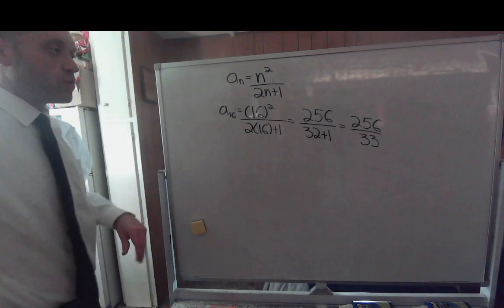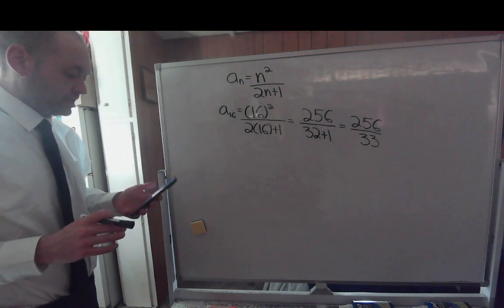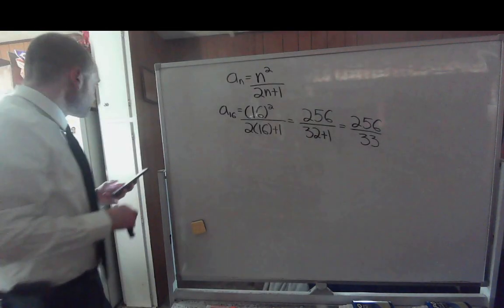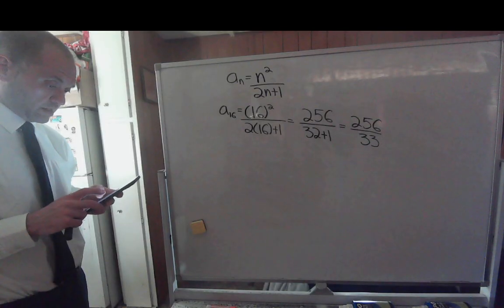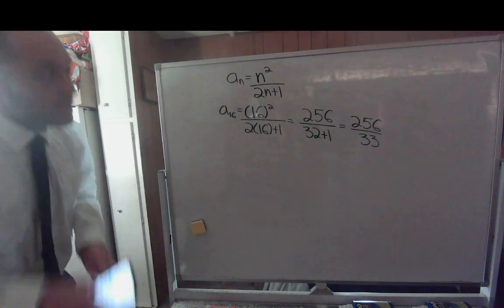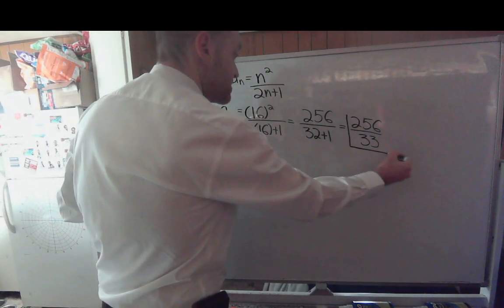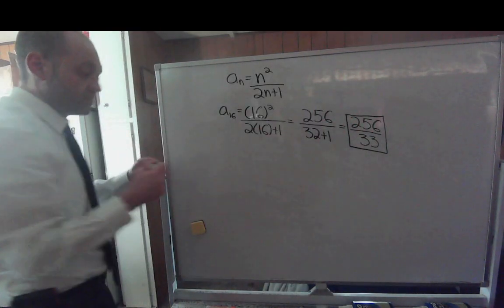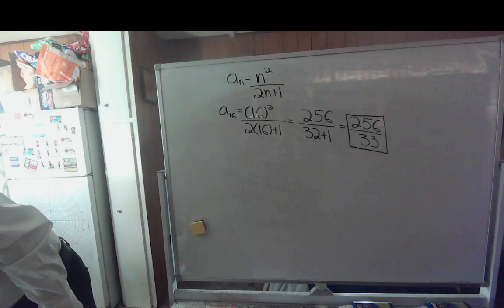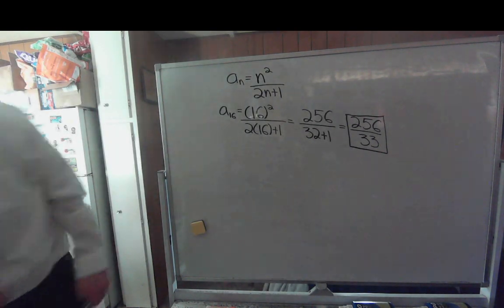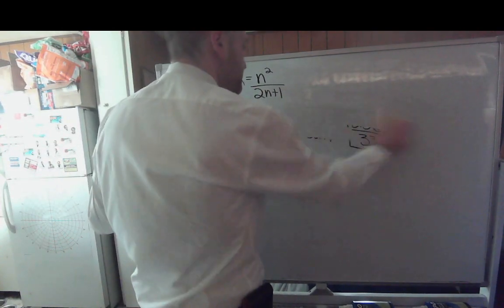And I'm not quite sure if those reduce any further. I don't think so, but let's be sure. Nope. So that's the best we can do. So the 16th term of this sequence would be 256 over 33. And let's do one more where we find a specific term.